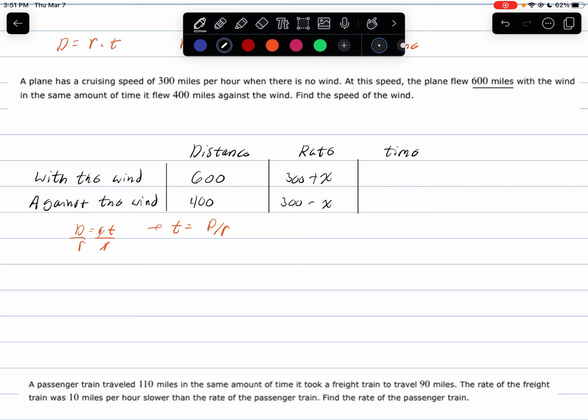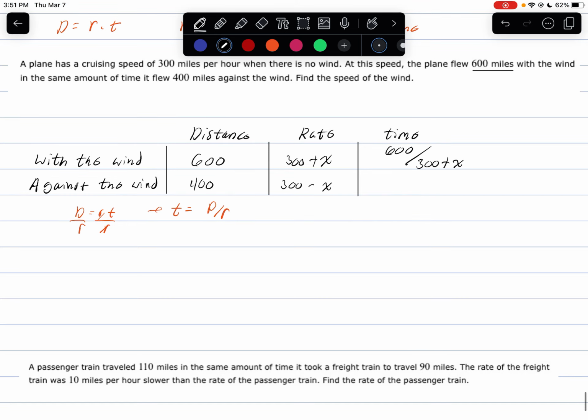So the time with the wind is the distance, 600, over the rate, 300 plus x. Similarly, against the wind, it's 400 over 300 minus x.